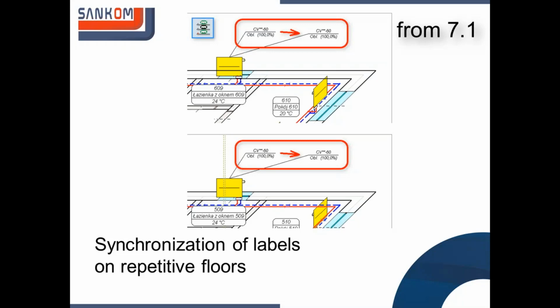If we activate this option, when we change something, for example the position of the label on one story, then if such a label exists on other stories, the position will change in the same way on all the other stories. That makes it possible to organize the labels in big buildings in a very short time.